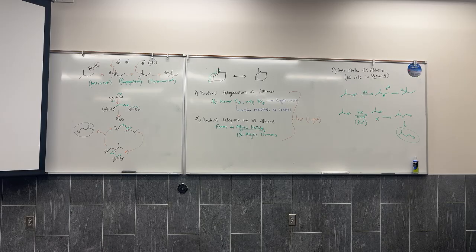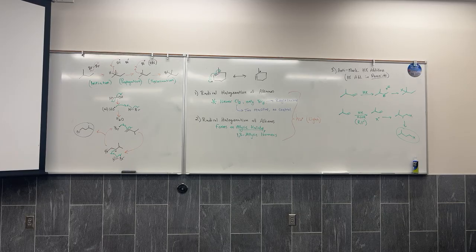Of the two carbons of the alkene, which is more substituted? Well, they're equal. No. This carbon is bonded to no other carbons, but this carbon of the alkene is bonded to another carbon.